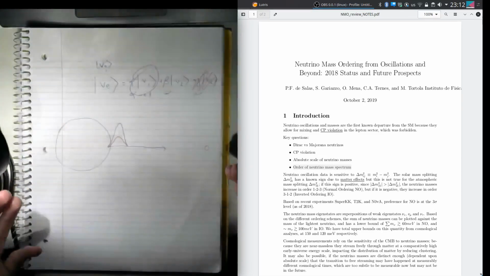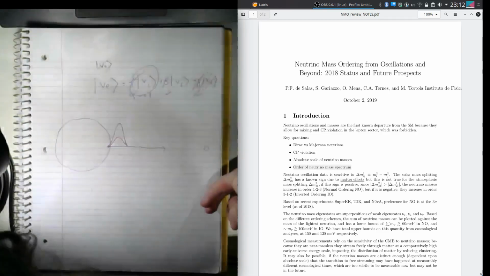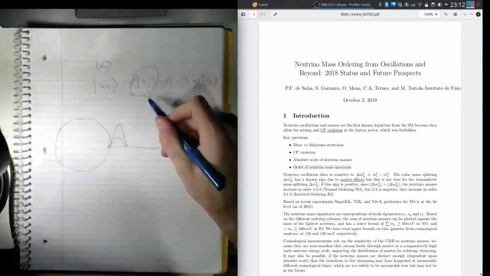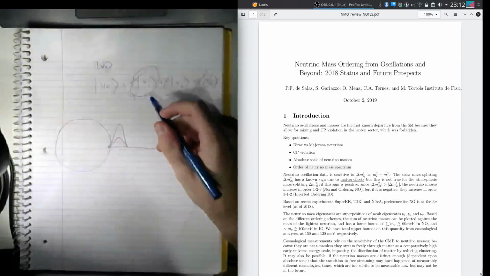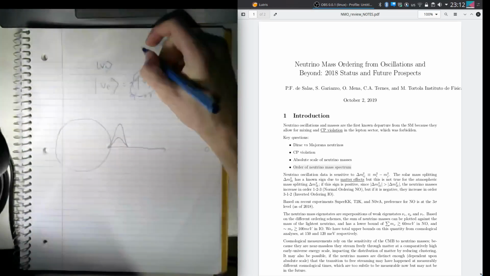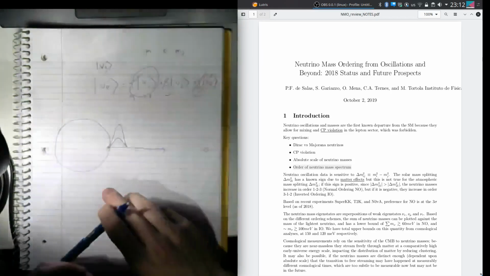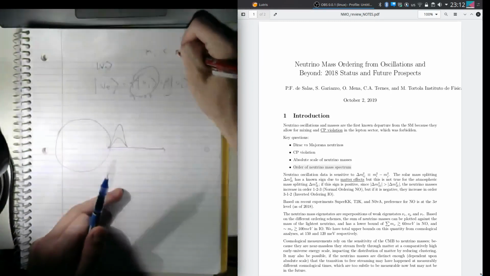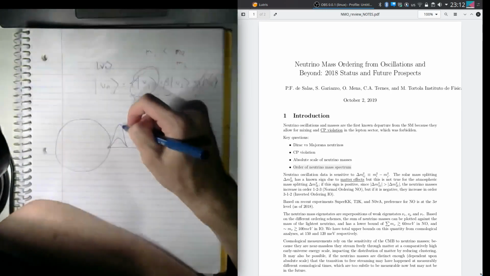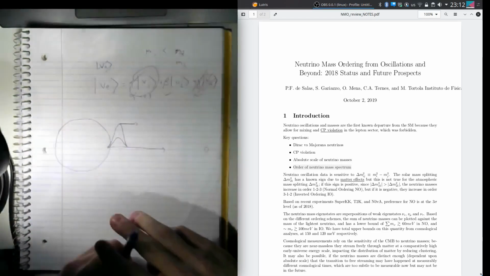You can imagine that energy is distributed evenly among all the neutrinos. But the mass state which has less mass, which we do know, mass 1 is less than mass 2, then it follows that the mass 1 state will move faster than the mass 2 state, because it's lighter.